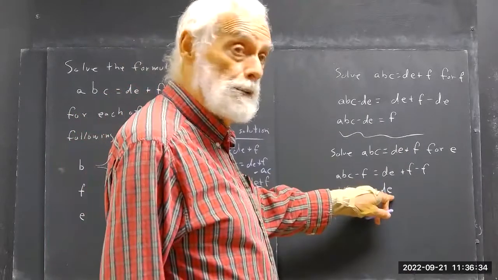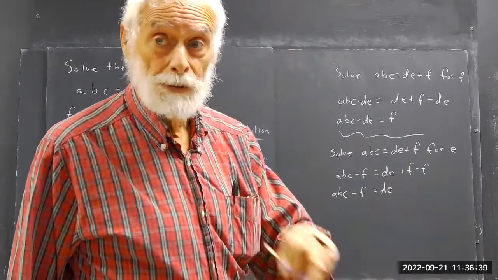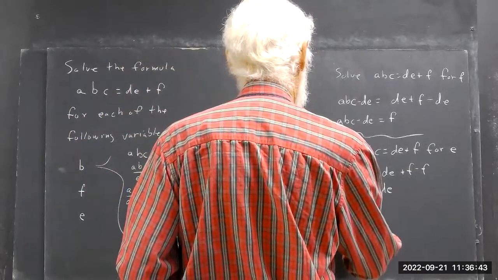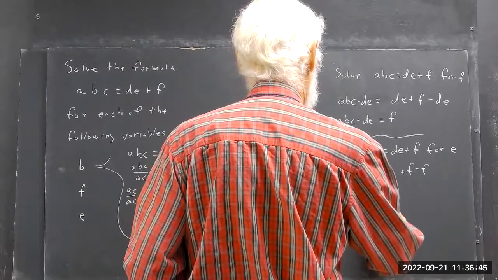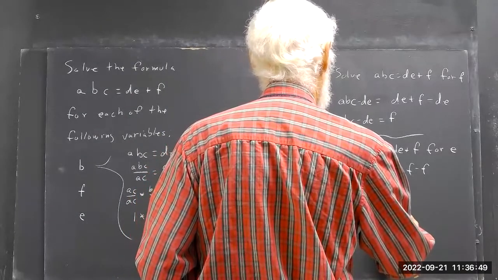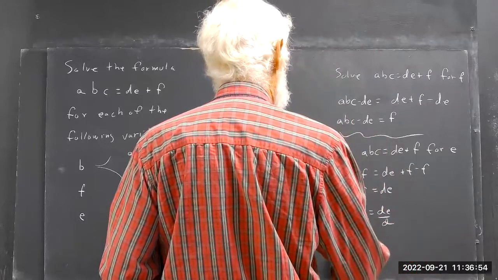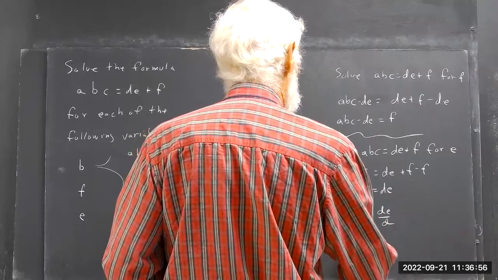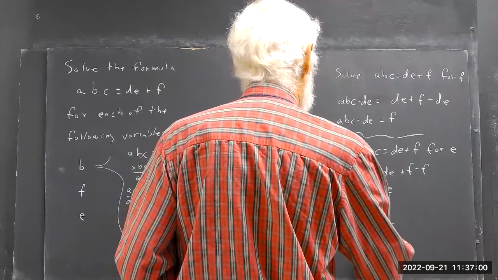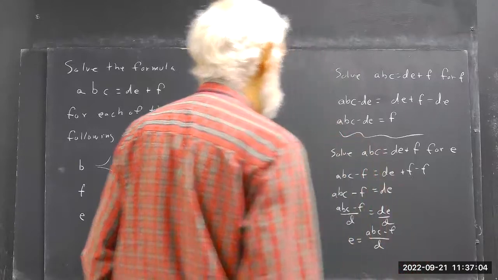Well, I'm trying to get E. It's multiplied by D, so I've got to divide both sides by D. You get the idea. So we then get E equals ABC minus F over D.